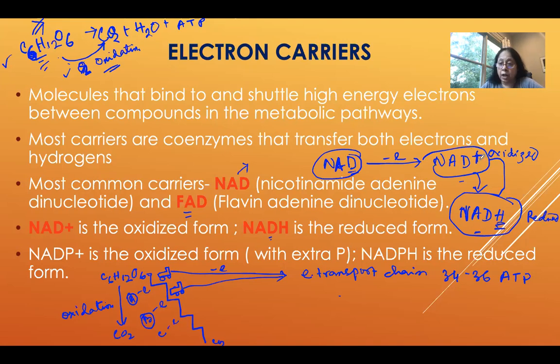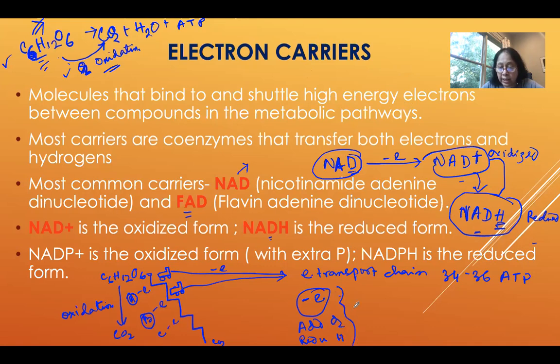It is very important that you can identify the oxidized form and the reduced form of any molecule or compound. I will give you one chemical reaction during the test, and you have to identify which one is oxidized and which one is reduced. Very easy: loss of electrons, addition of oxygen, or removal of hydrogen.